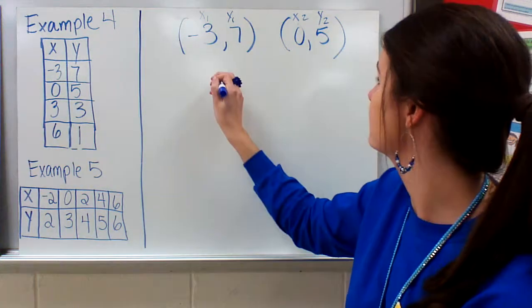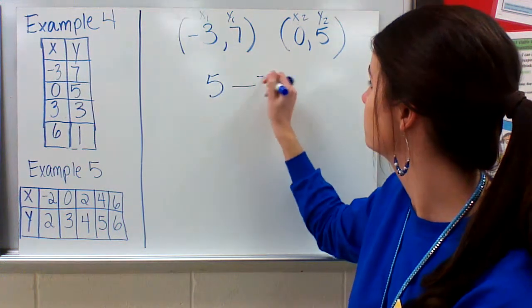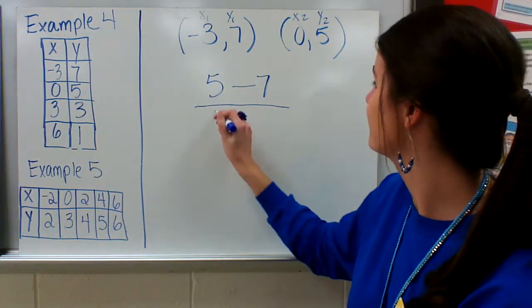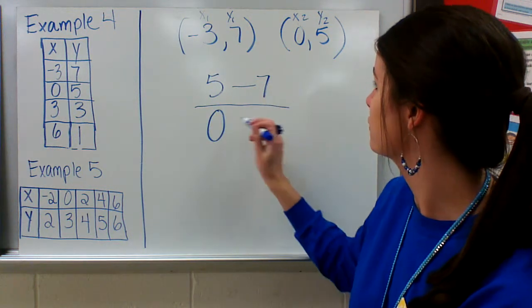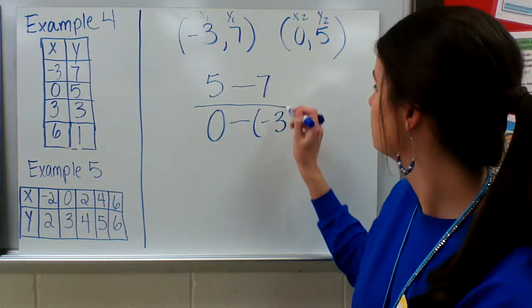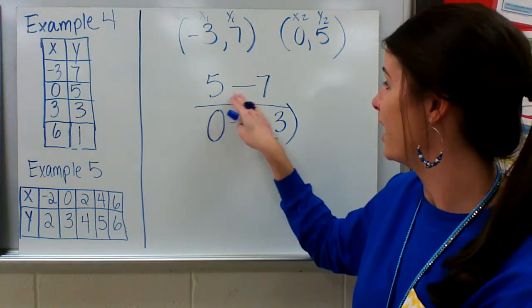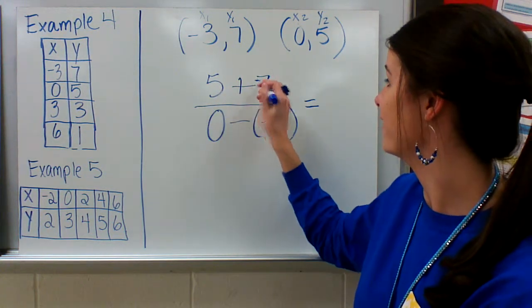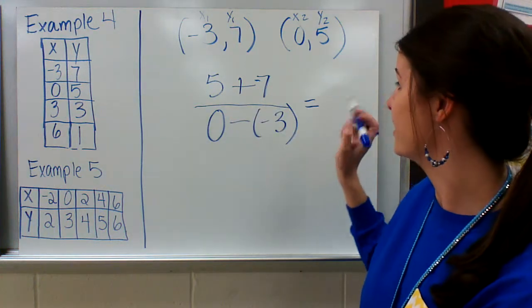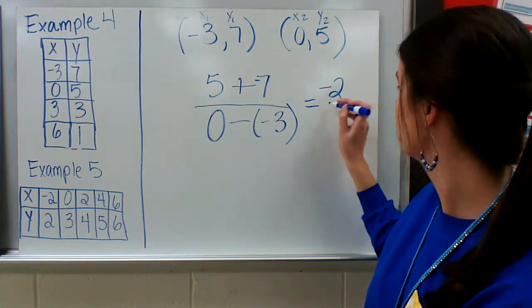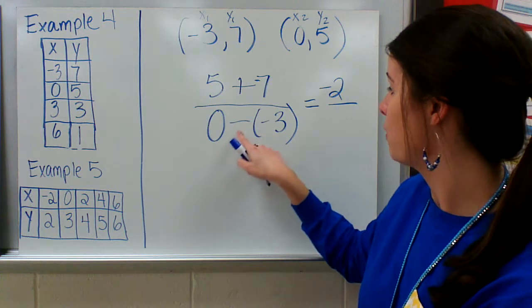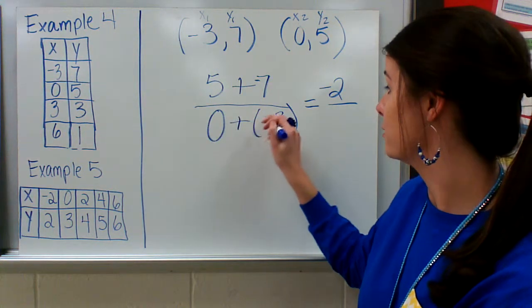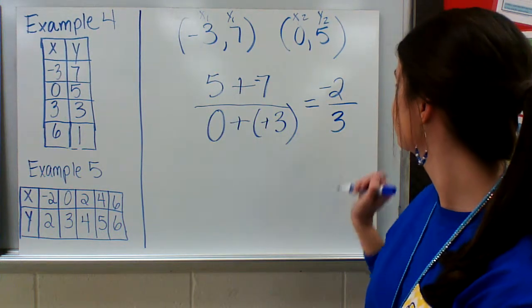Take my second y, subtract my first y. Take my second x, subtract my first x. 5 minus 7, and you can keep and add the opposite. 5 plus -7 is -2. 0 minus a -3 is really 0 plus a +3, which is 3.